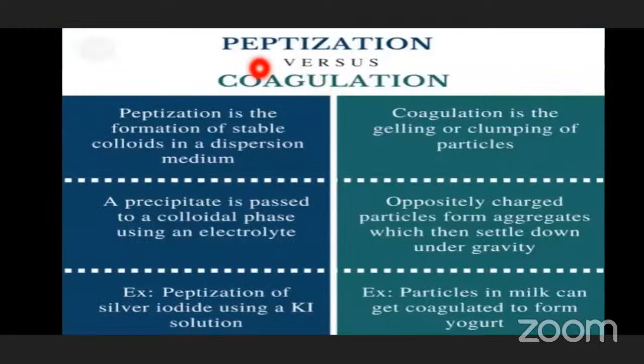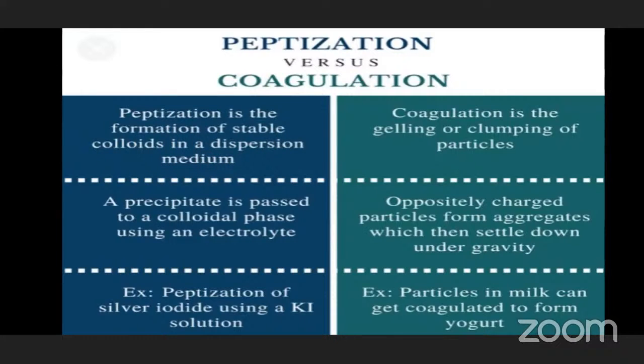Here, peptidization versus coagulation. This column contains peptidization, and this column contains coagulation. The first point: peptidization is the formation of stable colloids in a dispersion medium.